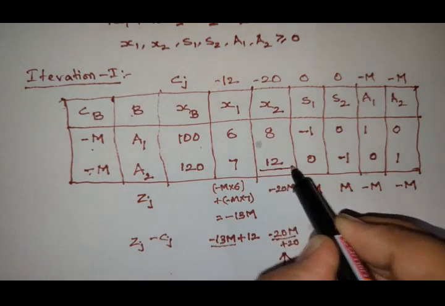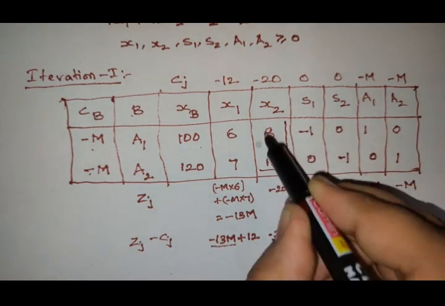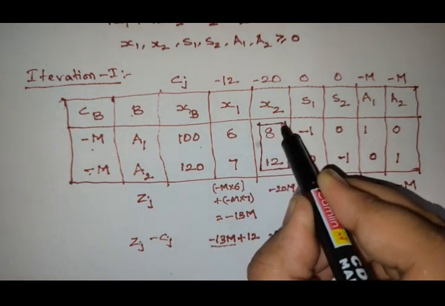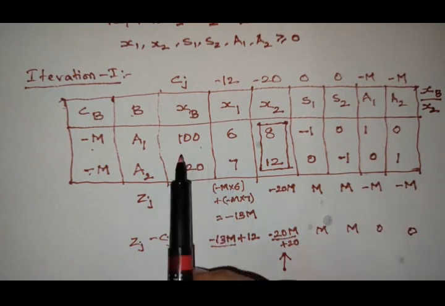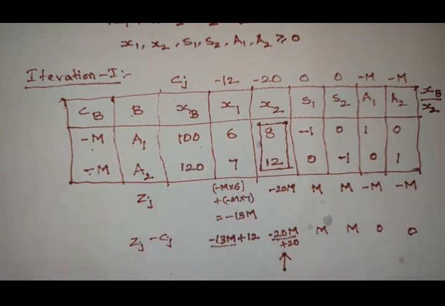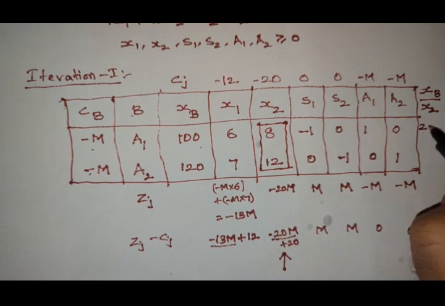So now I am making the box of x2 as the key column. Then calculate the ratio of XB by the key column x2. 100 by 8. What is the value of 100 by 8? It is equal to 25 by 2.